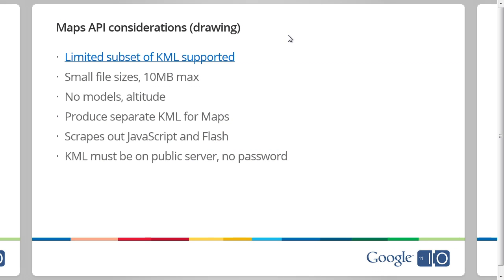So let me talk about some of the limitations here for using the Maps API. As Sean mentioned, we don't support full KML in the Google Maps API. And the reason for this is kind of twofold. One is it's a 2D environment, right? You don't have a way of representing a 3D model.